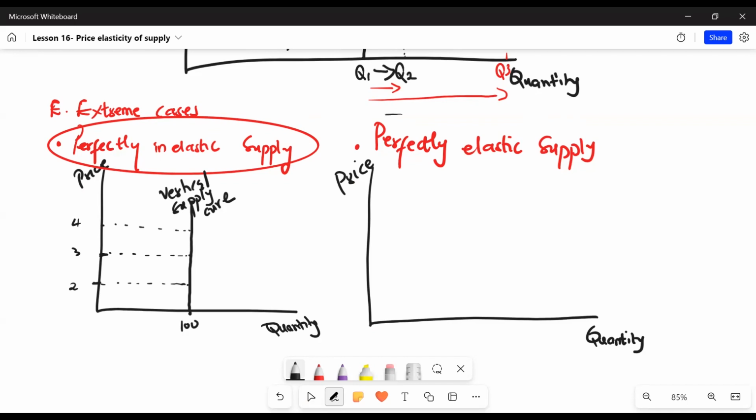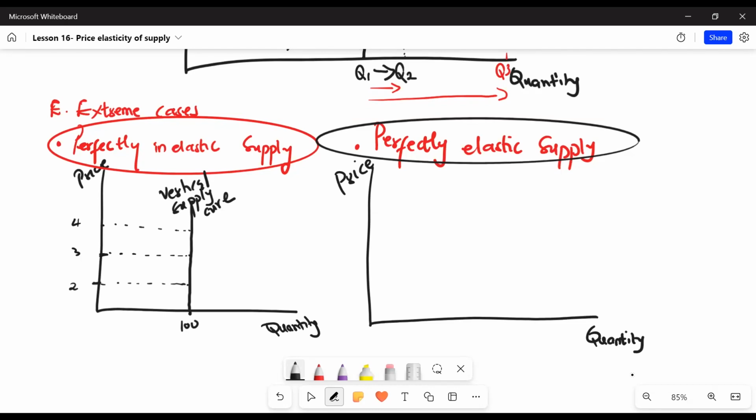Now the next case is perfectly elastic supply. It means the percentage change in quantity supplied is infinite for any percentage change in price. Quantity supplied is very sensitive to changes in price, such that any slight change in price will lead to an infinite change in quantity supplied. If price were to increase, quantity supplied will increase by an infinite margin.